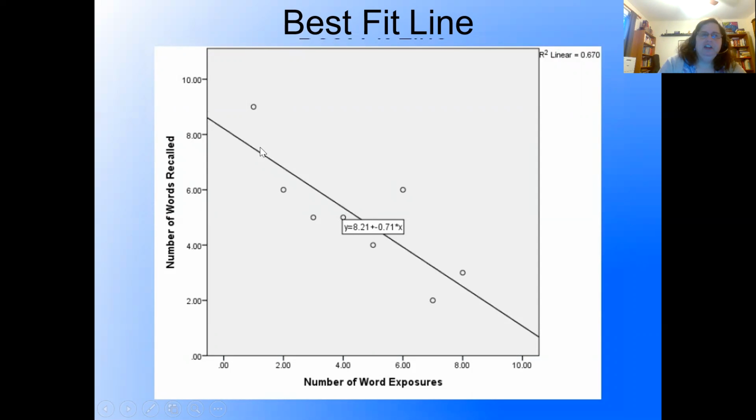Did you catch that? It's really not about hitting the most data points, it's about minimizing the distances between the points and the line. Let me say that again. You're trying to minimize the distances between the points and the line.